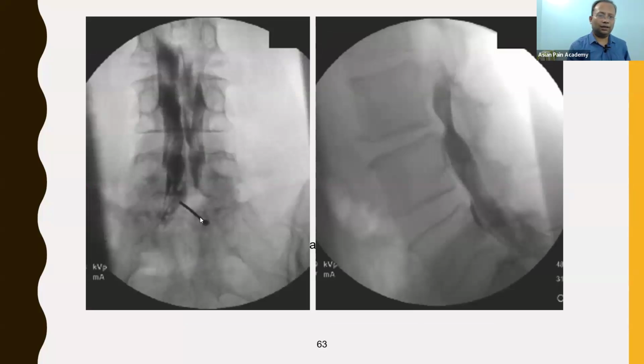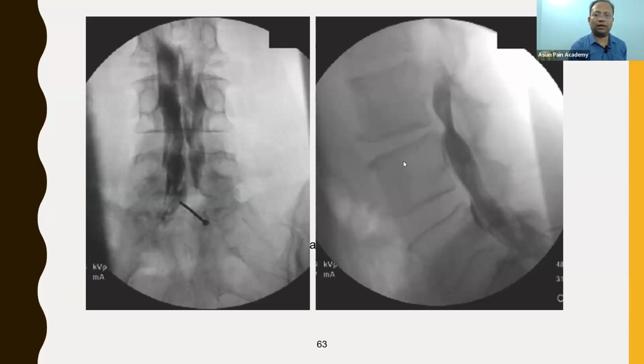Someone is giving an interlaminar epidural, but it has punctured the dura, and it has become a subarachnoid injection. So how do you understand a subarachnoid injection? Because the contrast doesn't go out through the foramen. It is limited by the medial margin of the pedicle.